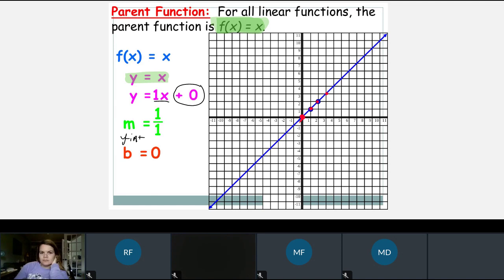You're welcome. So, yes, Ben, exactly. The parent function for linear functions is f of x equals x, which also means y equals x. Yep, that's exactly right.